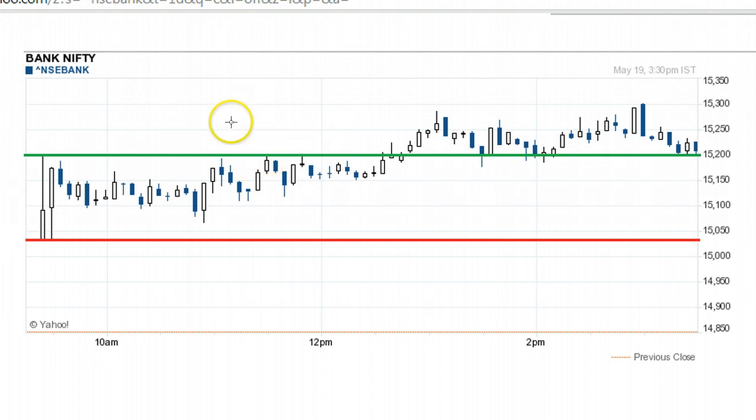You can see that it has tried to clear the upper side once, then one more time here, and then one more time here, and it has tried to clear the new high here. This entire zone until 12 p.m., the market is just range bound, meaning neither the buyers nor the sellers are taking control of the day. And you should look to avoid the first 1 hour of trade. I'll just mark it here as a box.